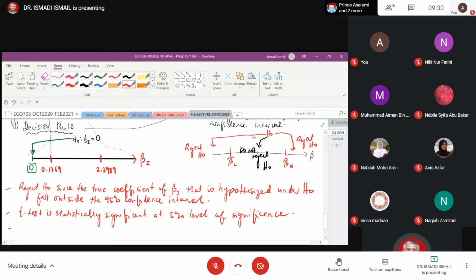Okay, t-test is significant, meaning that variable I is significant, meaning that variable I has an influence on the dependent variable Y. Okay, done for confidence interval approach to test double-sided t-test.